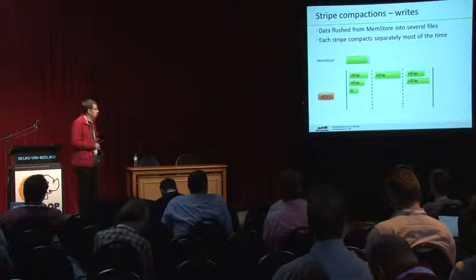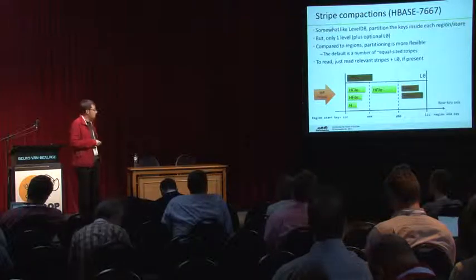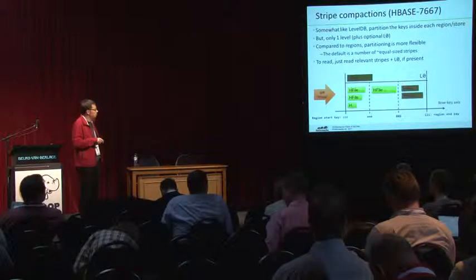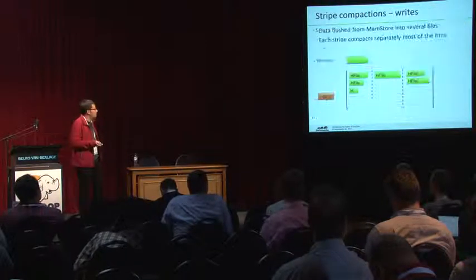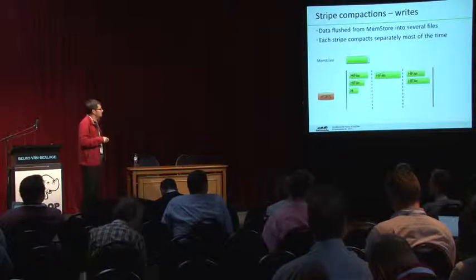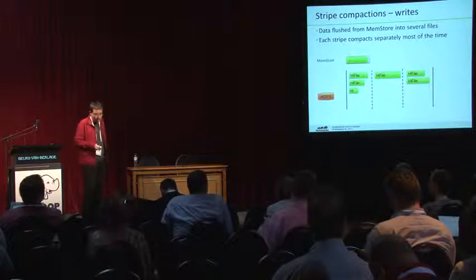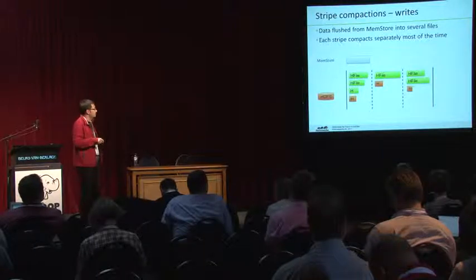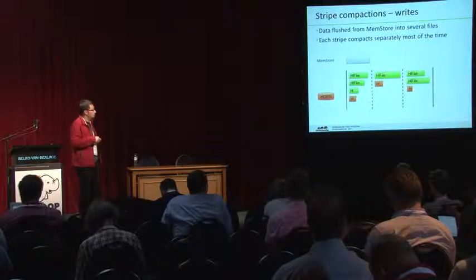So normally the flushes go to L0, but you can also have flushes skipping the L0 completely and directly flushing into multiple files. In this scheme, for example, if you have 3 stripes here, a flush would cause 3 different files.